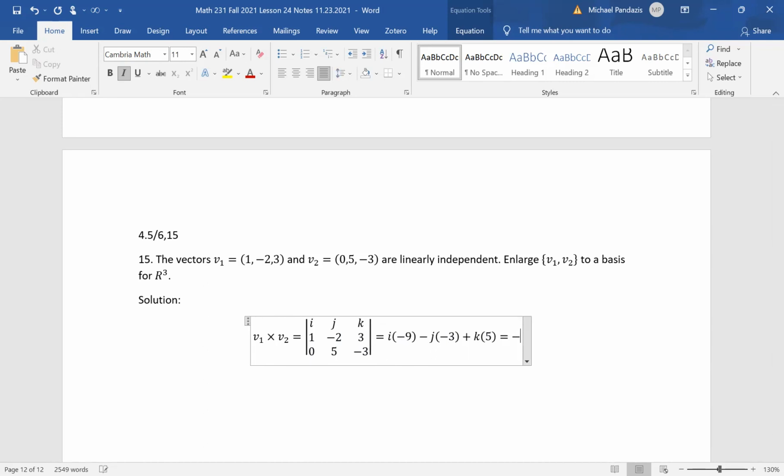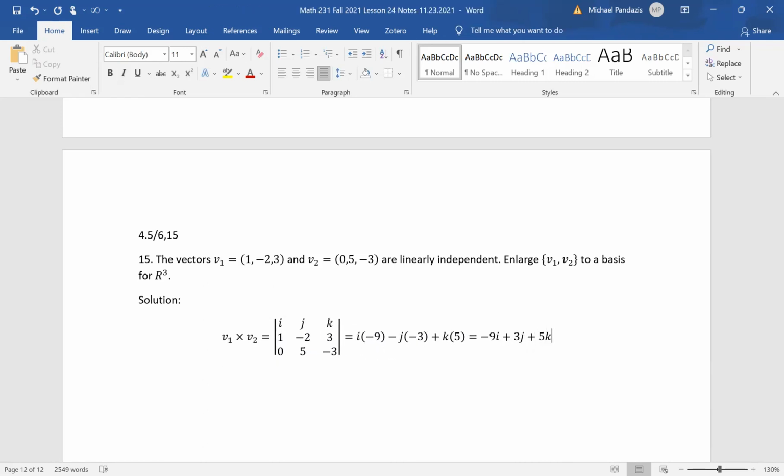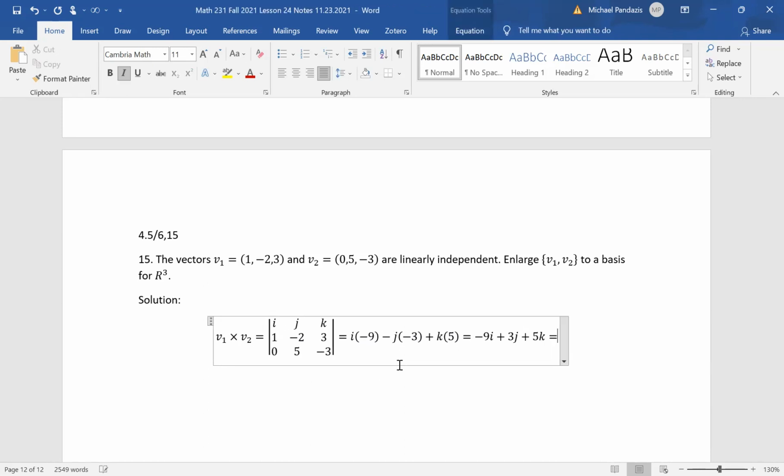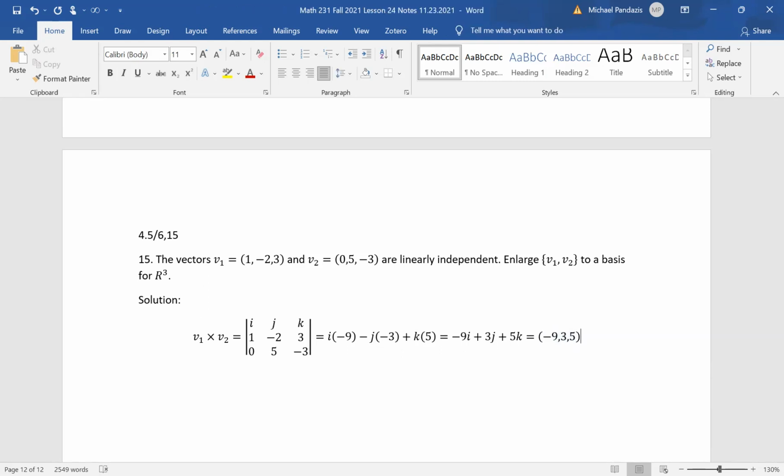So this is equal to negative 9i plus 3j plus 5k, which is the vector negative 9, comma 3, comma 5. This vector is the cross product of v1 and v2.